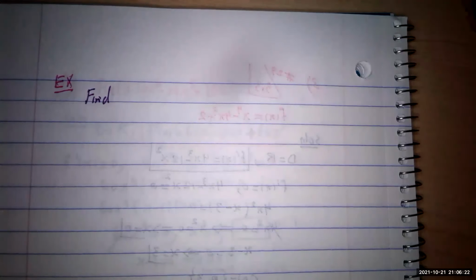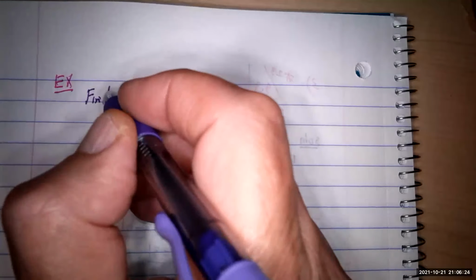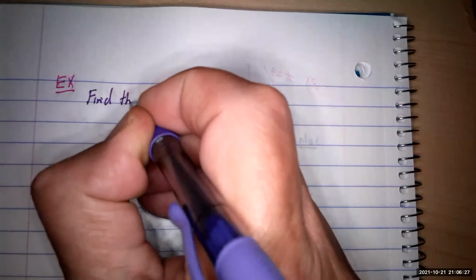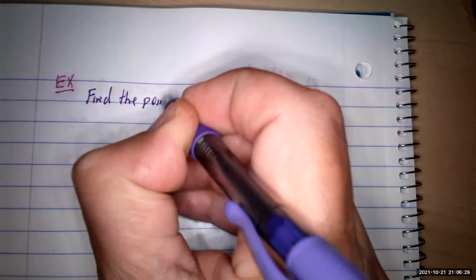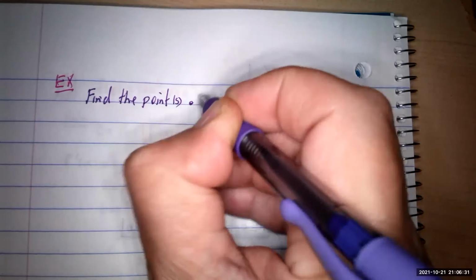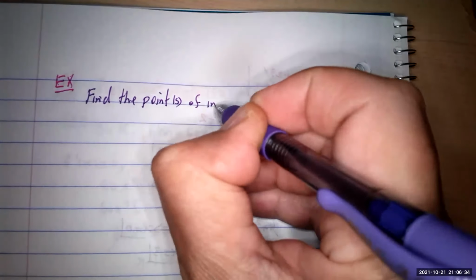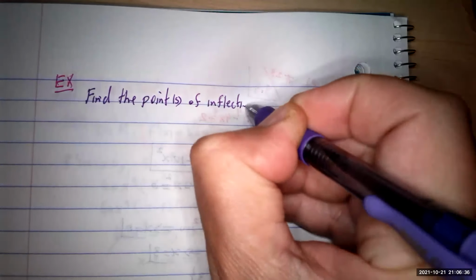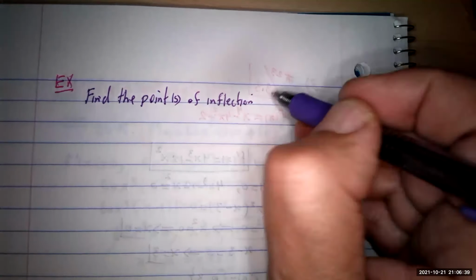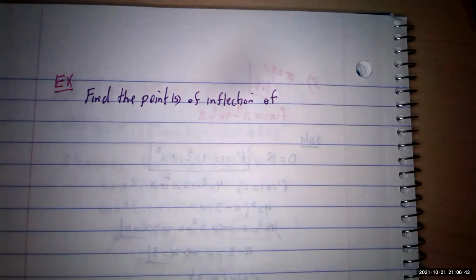They want you to find the point or points of inflection of this graph. I'm going to pick one of these, again from your book, just to explain it for you. I pick number 14.